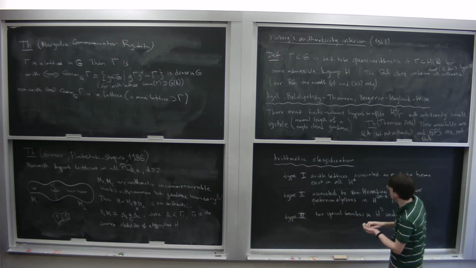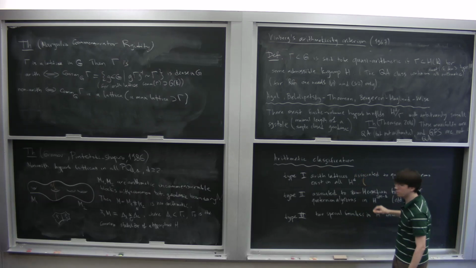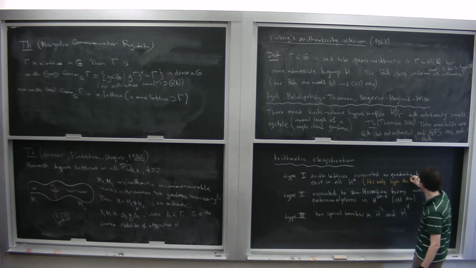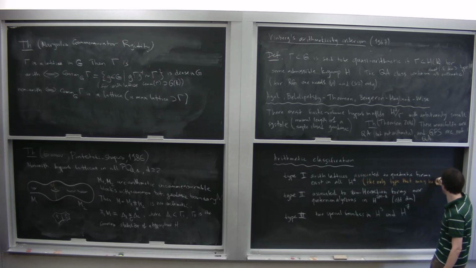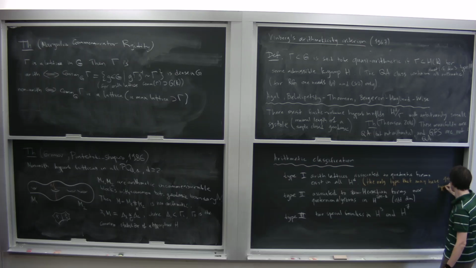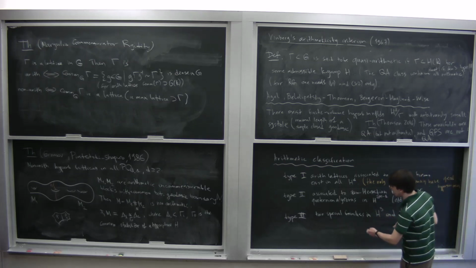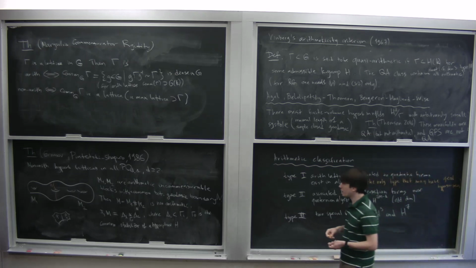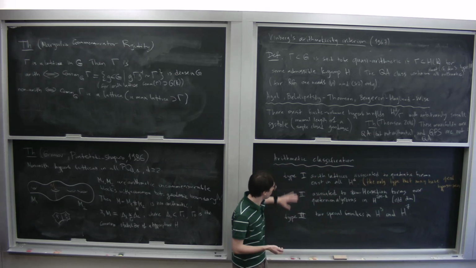These are the only ones that contain totally geodesic hypersurfaces, so the only type that may have geodesic hypersurfaces. Those have even codimensional subspaces, and this type is even worse. So okay, this is a bit tricky. Yeah, this is the whole picture.